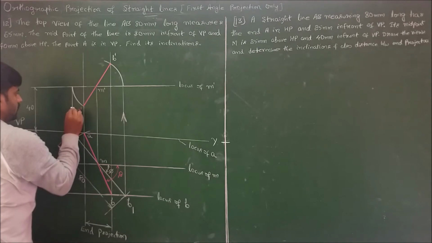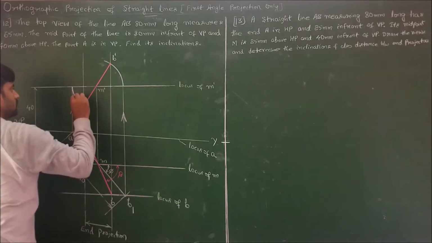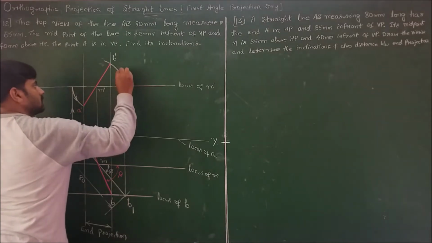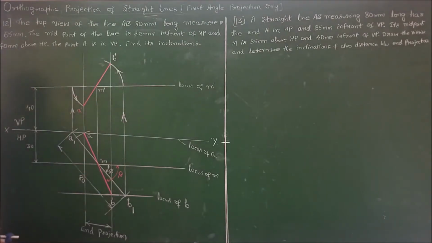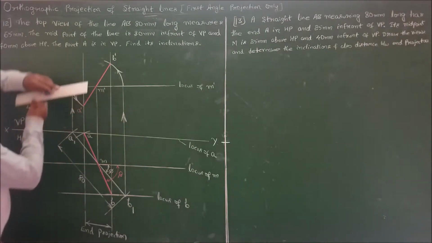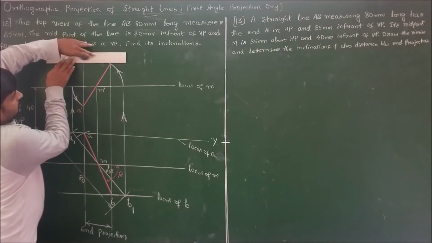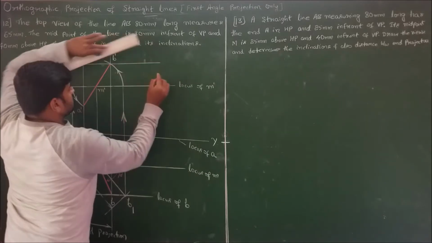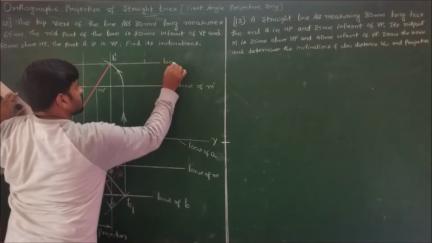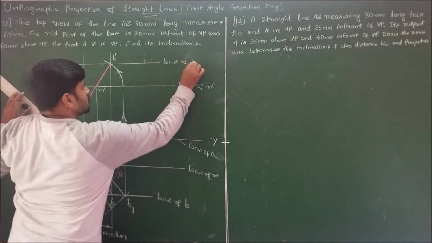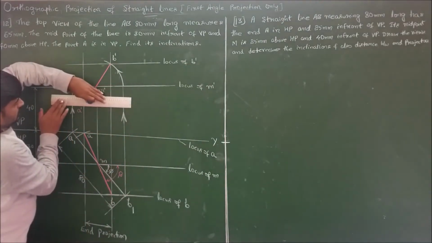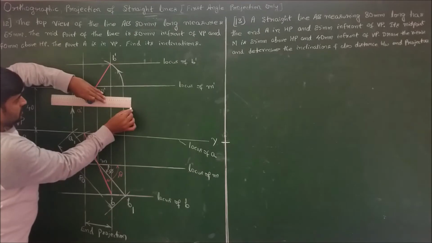In either way you can extract apparent length from true length, known true length. So now I got the locus. Therefore, fix the locus of B dash. Locus of B dash is fixed, and here locus of A dash is also fixed.